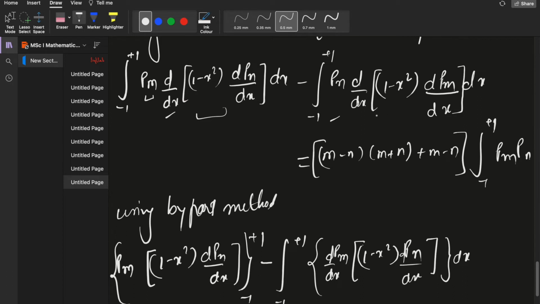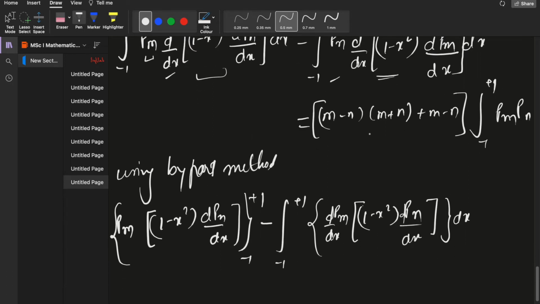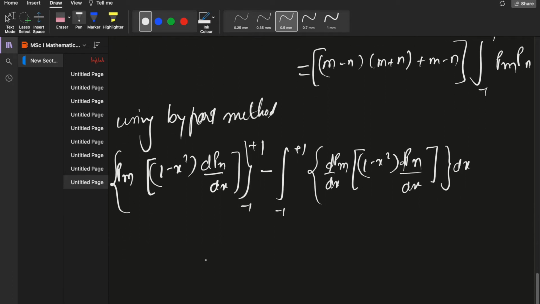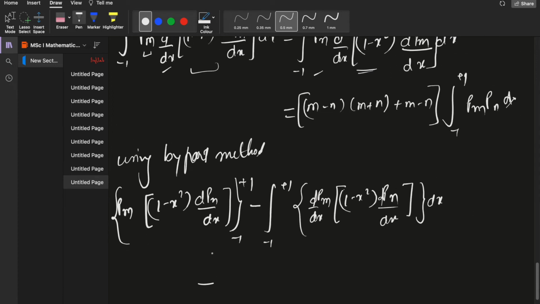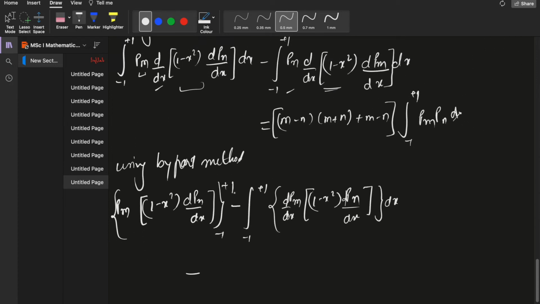For the second term, this term has a negative sign already. So P_n will be treated as constant. The integral of this function will give me (1 minus x square) dP_m/dx.